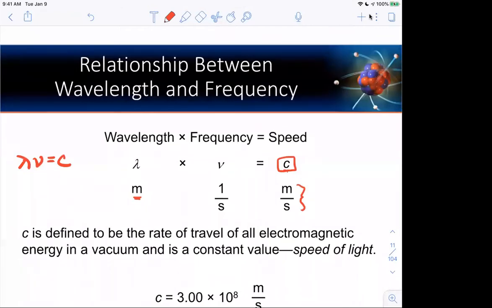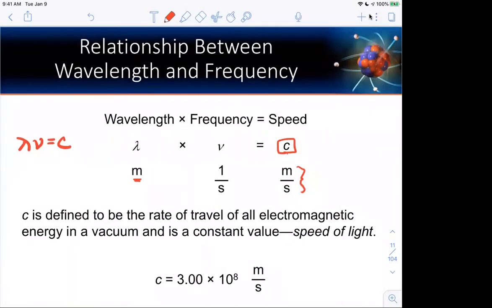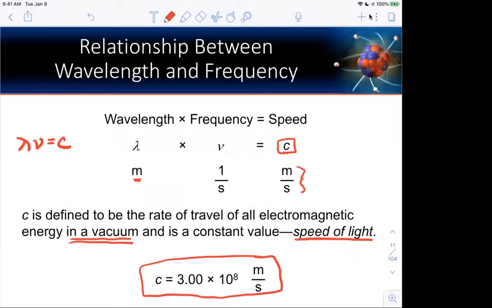So c is defined to be the rate of travel of all electromagnetic energy in a vacuum, and it has a constant value, which is called the speed of light. This, again, is something that we really need to pay attention to. And this is one of the first equations in this series that we also have to know.